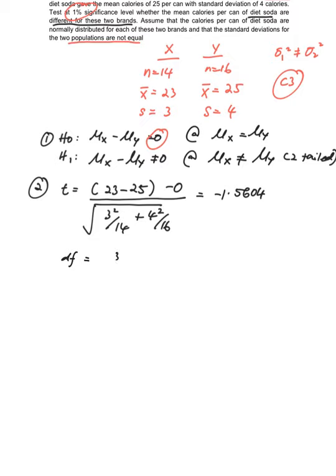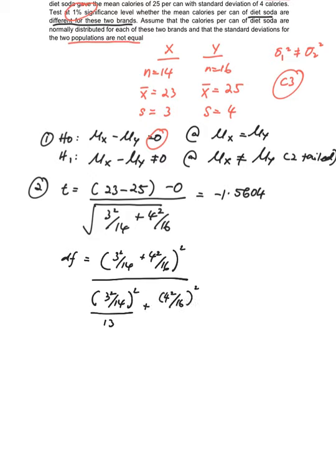Okay, 3 kuasa 2 per 14 tambah 4 kuasa 2 per 16 kuasa 2 bahagi dengan 3 kuasa 2 per 14 kuasa 2 bahagi dengan 14 tolak 1, 13 tambah dengan 4 kuasa 2 per 16 kuasa 2 per 16 tolak 1, 15. So we will get 27.4130, and we truncate into the lowest value, we get 27.